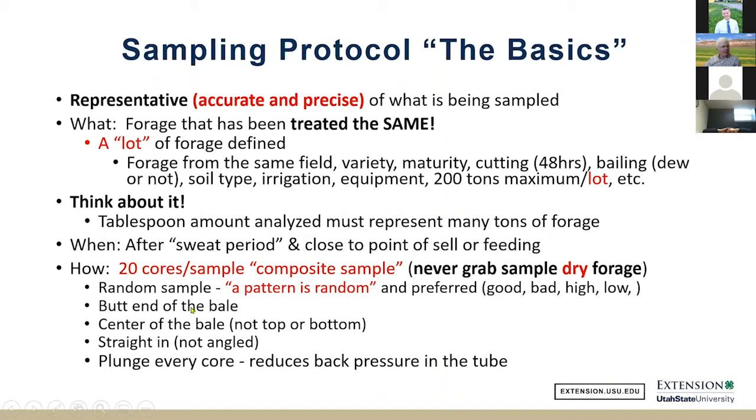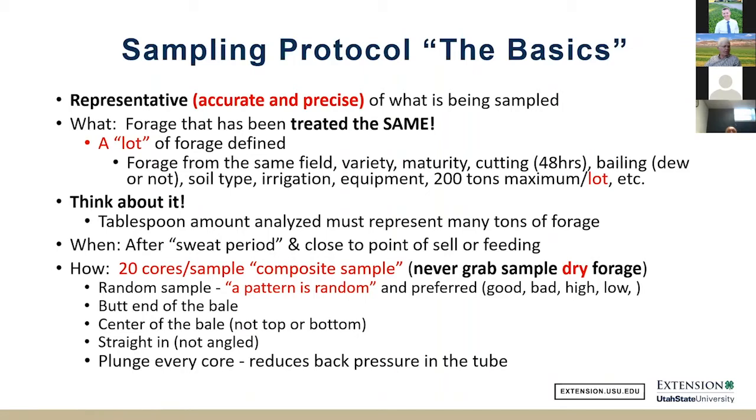When sampling baled hay, you take it through the butt end of the bale, not on the side. In the case of a round bale, you go through the folded side or the outside surface of the round bale. Again, with square bales, you go in the center of the bale, not the top, not the bottom, but in the center.